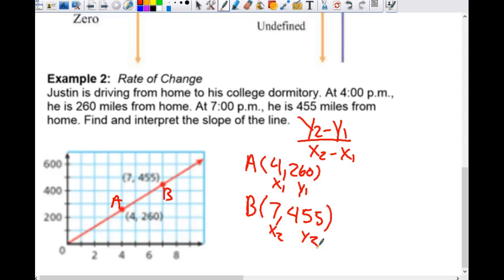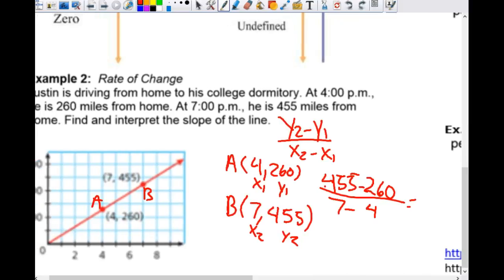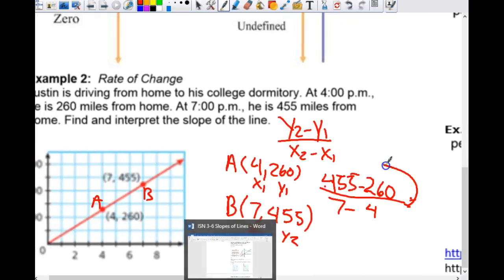Fourth step, plug them in. y2 is 455 minus 260 divided by 7 minus 4. What does that equal? What's 455 minus 260? 195. What is 7 minus 4? 3. Which is equal to 65, yes.